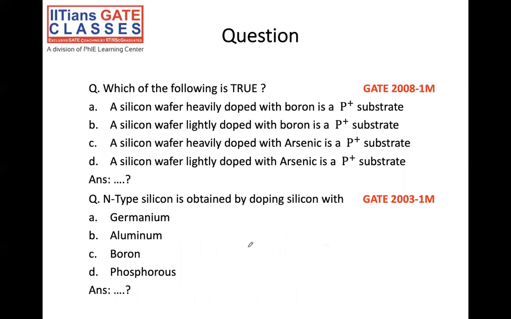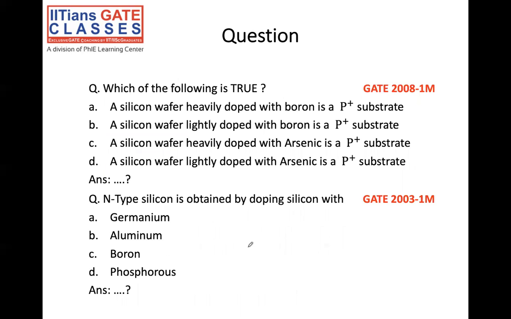The question based on previous slides is this. Which of the following is true? They are asking. Silicon wafer heavily doped with boron is a P plus substrate. This question came in GATE 2008, a 1 mark question. Silicon is an intrinsic semiconductor.